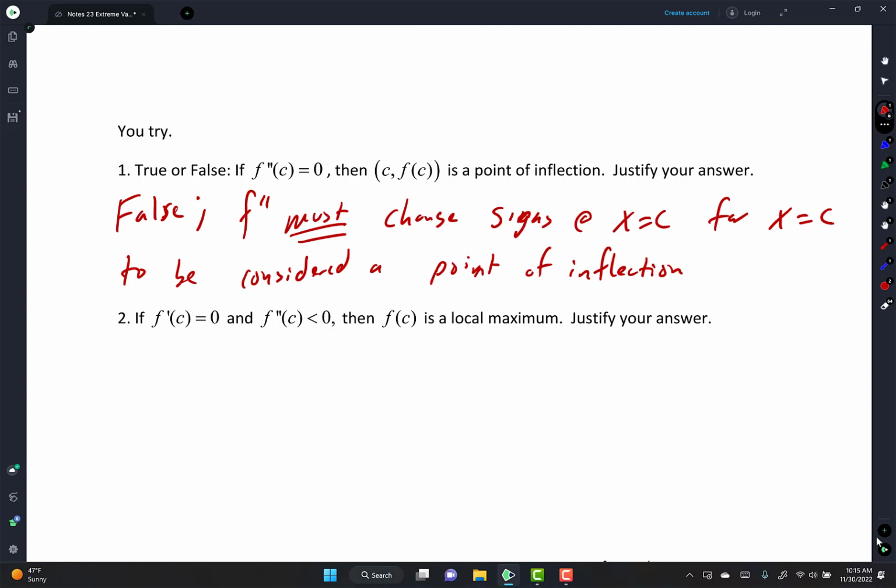False. F prime prime, the second derivative, must change signs at x equals c for x equals c to be a point of inflection. Actually, you might even be able to delete the word considered, because we don't consider it, it's a point of inflection. Does that make sense? Okay.